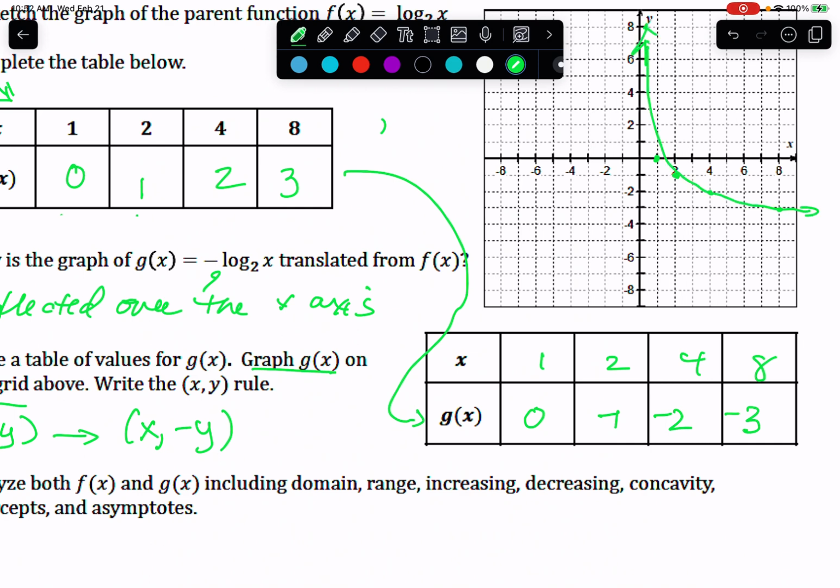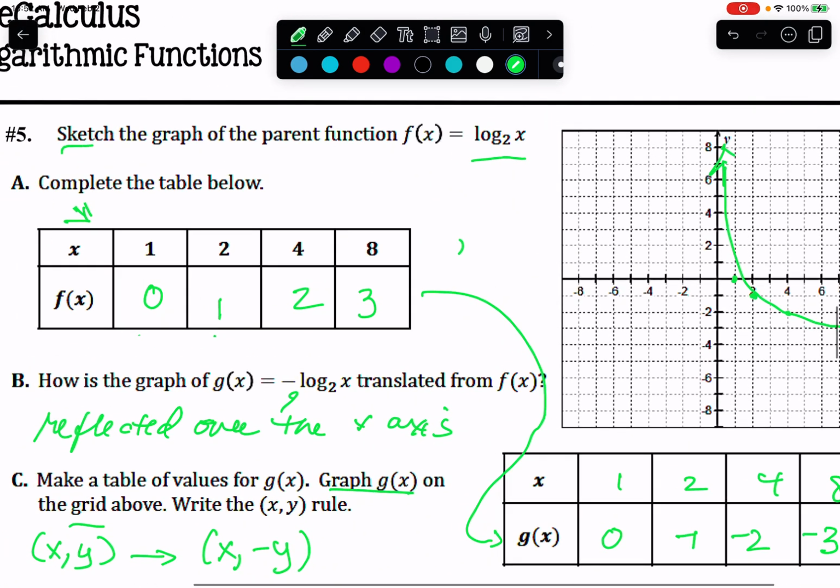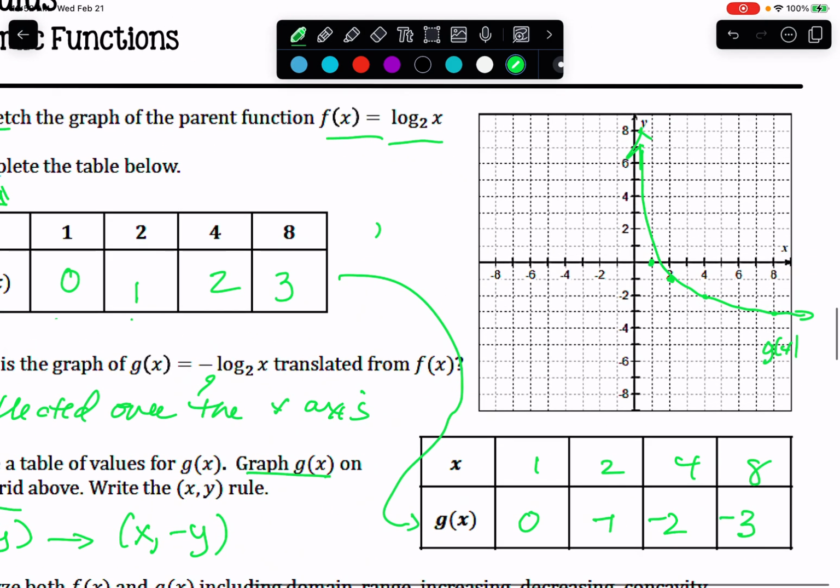Now this is the graph of g of x. Now it did say at the very beginning, and I missed it, sketch the graph of f of x is log base 2 of x. So I'll use a different color to do that one. That would be 1, 0 again, and then 2 is 1, and 4 is 2, and 8 is 3. So that graph looks like this. So this is f of x.